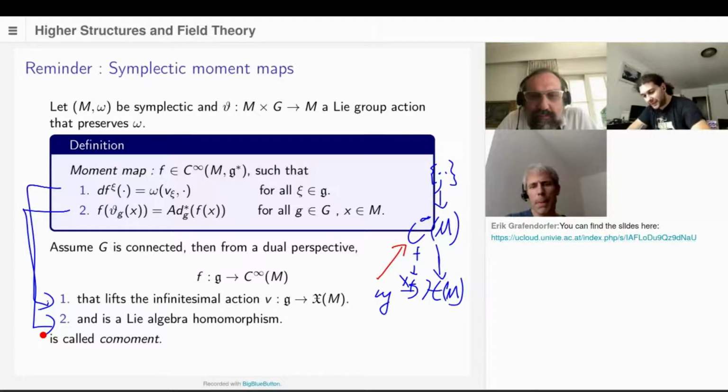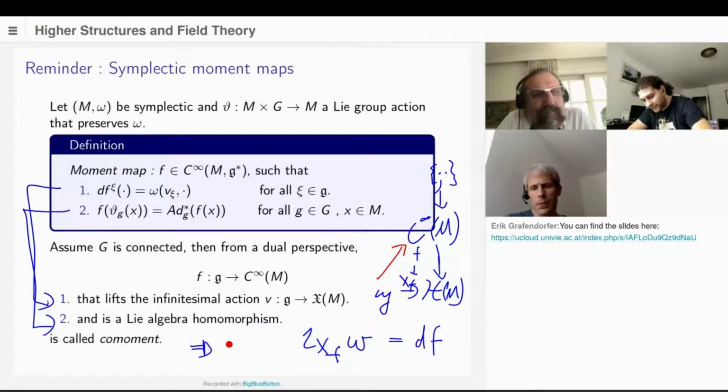By construction, if we look at the condition, contraction of some Hamiltonian vector field into omega being df, we automatically get that the Hamiltonian vector fields actually preserve omega.